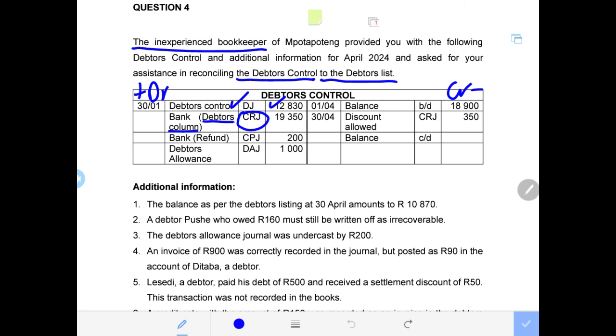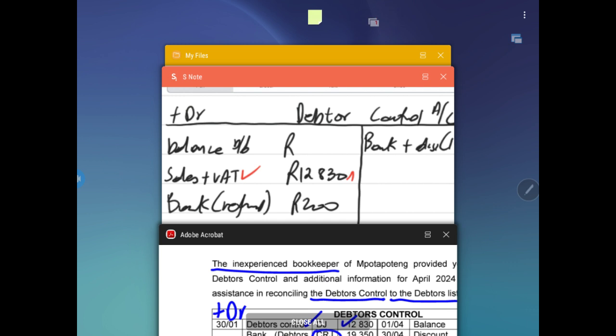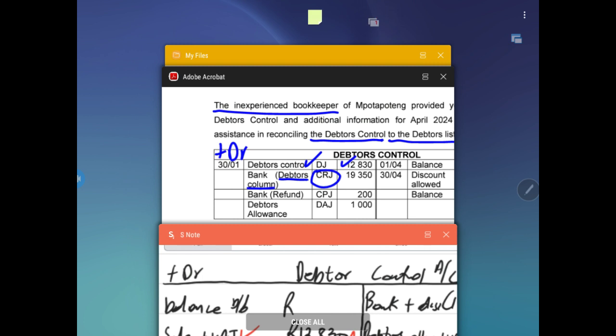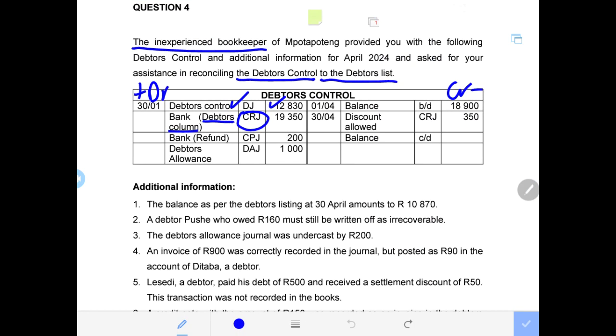If the customer returns and we accept the return, this is supposed to be on this side under debtors allowance plus VAT. This debtors allowance will include VAT. So this is an amount of 1,000 rand. It's supposed to be on the credit side, not on the debit side. Then again, there will be a mark for such transfer to the other side.